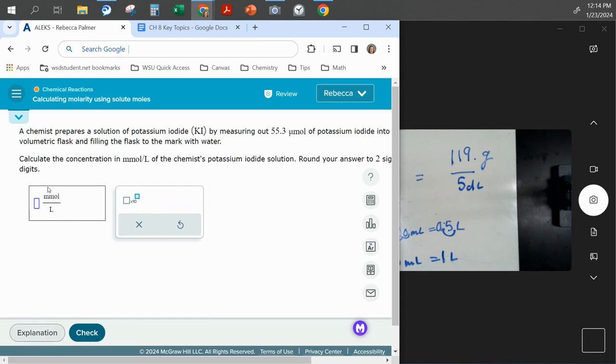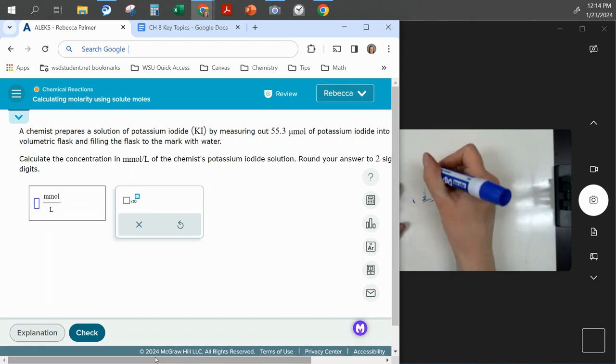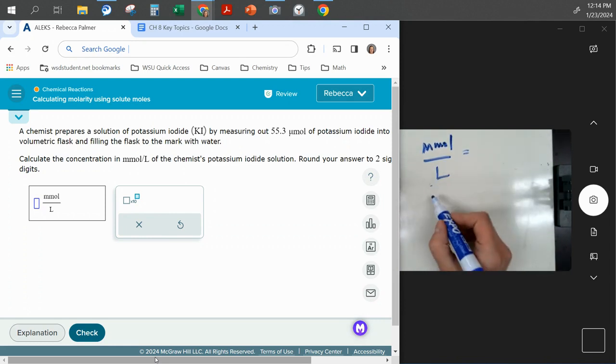So again, the box is going to tell you what units to use. This one says millimoles, and we start with micromoles, so we need to convert micromoles to millimoles. Let's put that on our whiteboard. We're trying to get millimoles per liter, and we start with 55.3 micromoles.